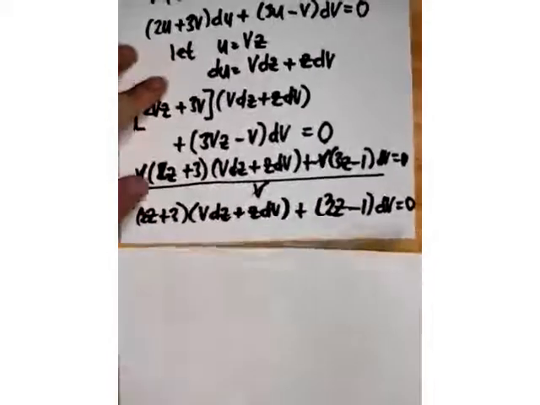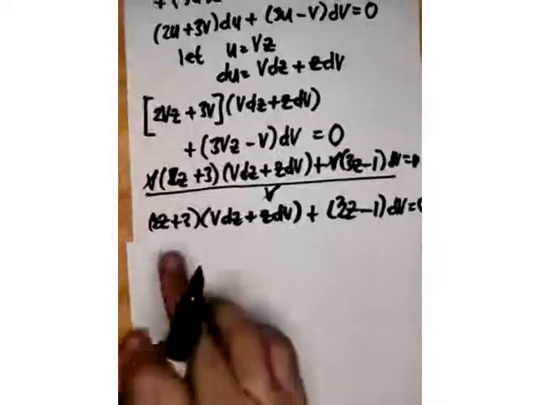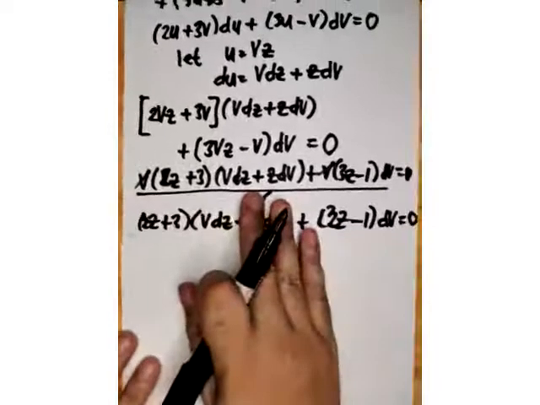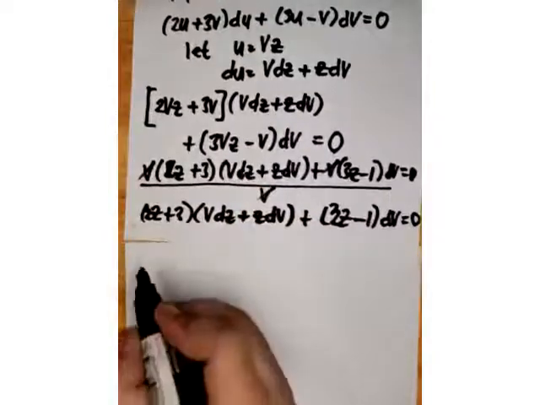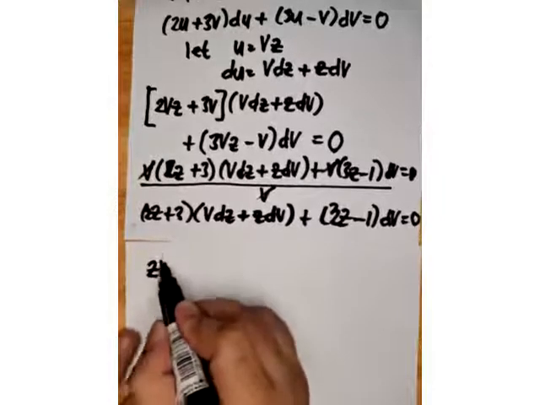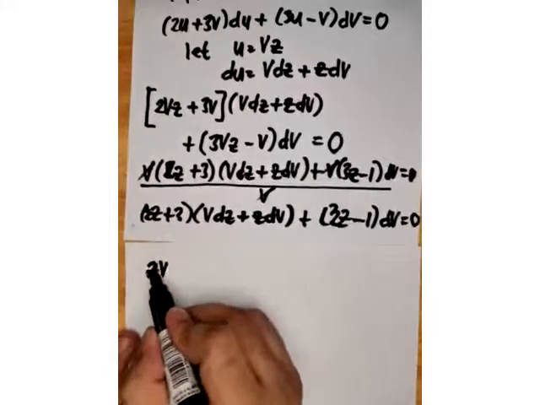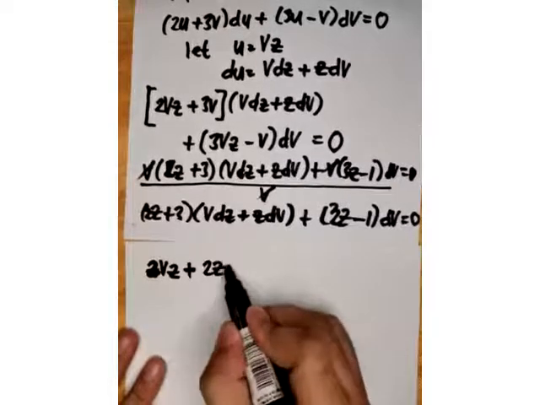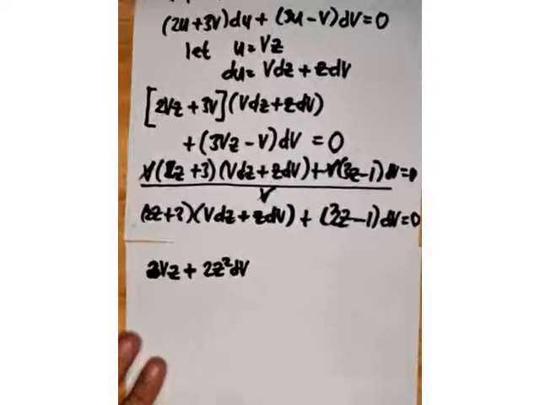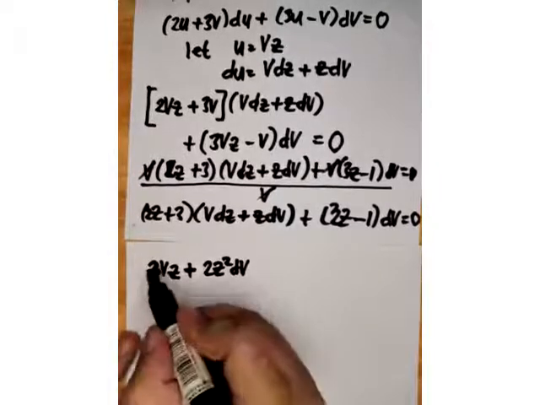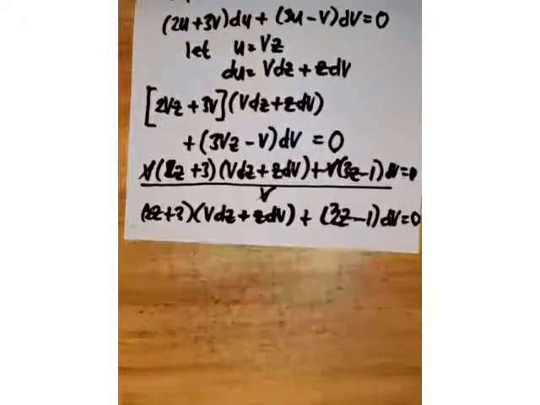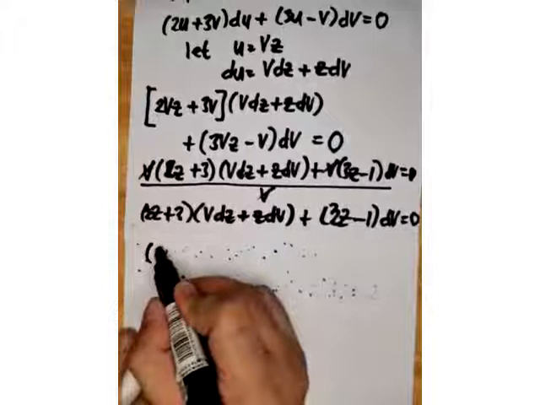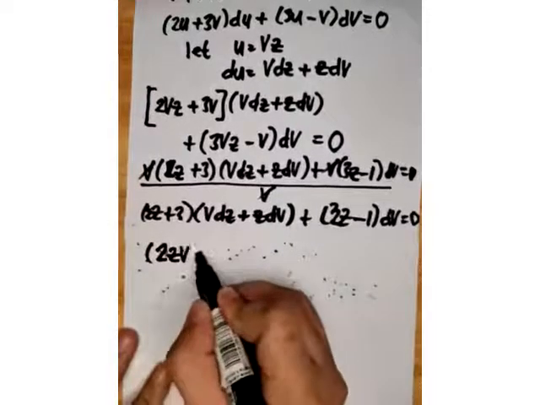Okay? And then, let's distribute na ito. So let's do the multiplication. So let's multiply the two binomials. So we'll have 2zv dz.